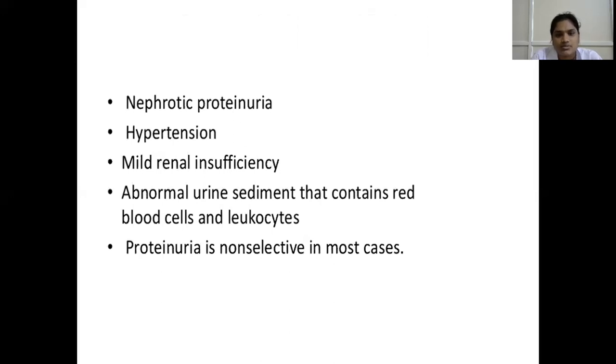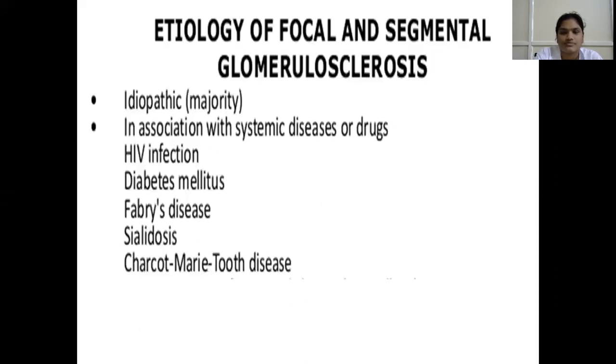These are the symptoms: nephrotic proteinuria, hypertension, mild renal insufficiency, abnormal urine sediments that contain red blood cells and leukocytes, and proteinuria is non-selective in most cases. Etiology: idiopathic, or it can be present in association with systemic diseases or drugs, like HIV, diabetes.